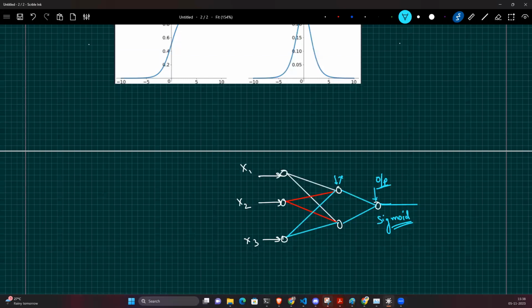Okay, now there are some defects in the sigmoid activation function. So what are those defects?